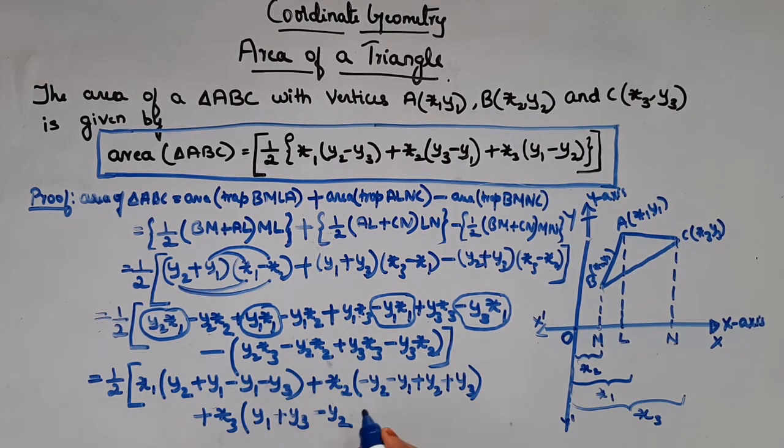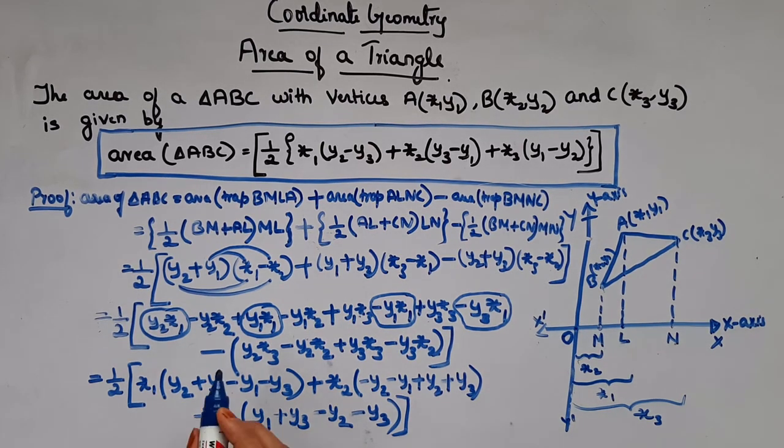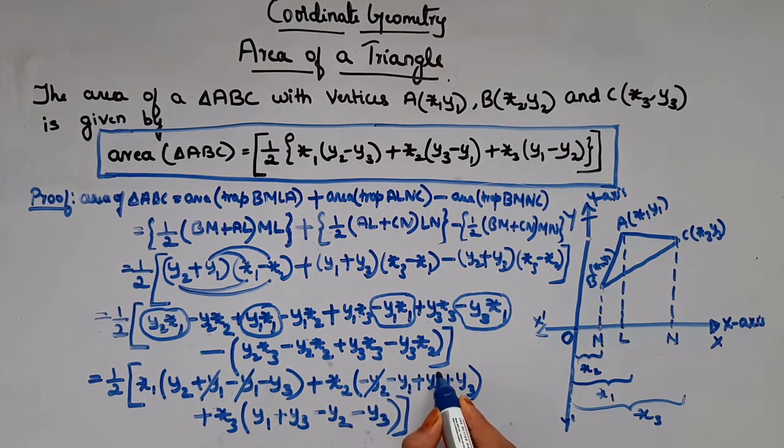So minus into plus is minus Y3. Now if you see this, here plus Y1 and minus Y1 get cancelled. Similarly, minus Y2 and plus Y2 are cancelled. And here plus Y3 and minus Y3.